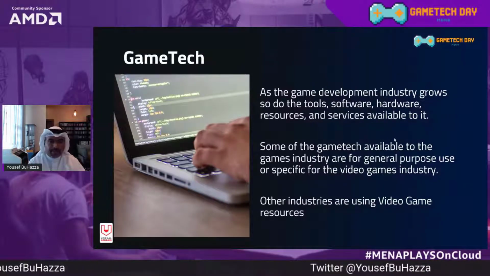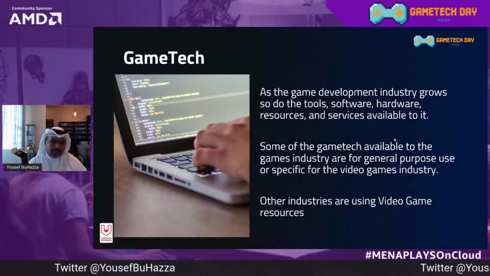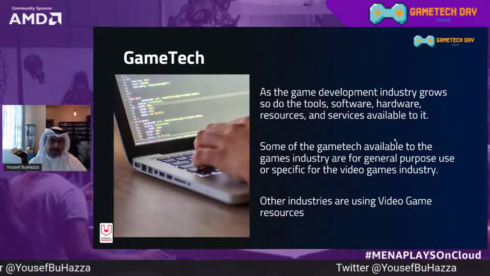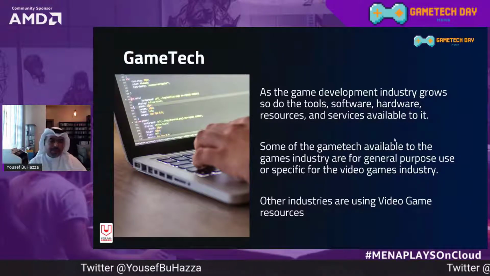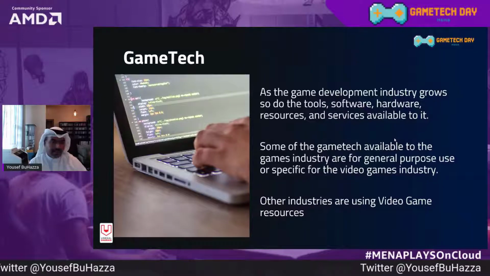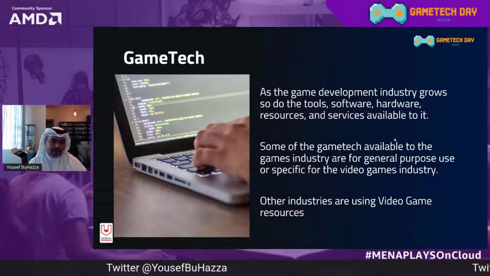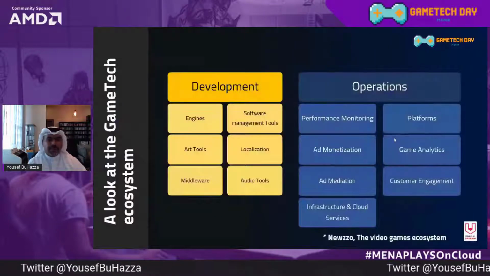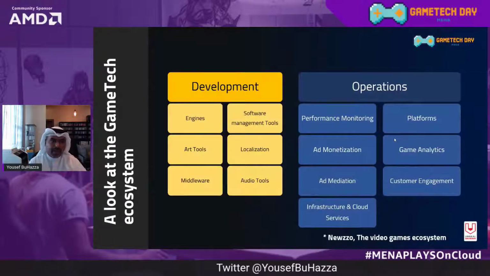Take, for example, game engines, which have been designed with the intent to be used in the game industry. There are certain solutions, such as Substance, that were designed with the movies and games industry in mind. Photoshop is a general use tool that's used by video game developers, artists, designers, and so on. With time, these tools have grown and become more specific.